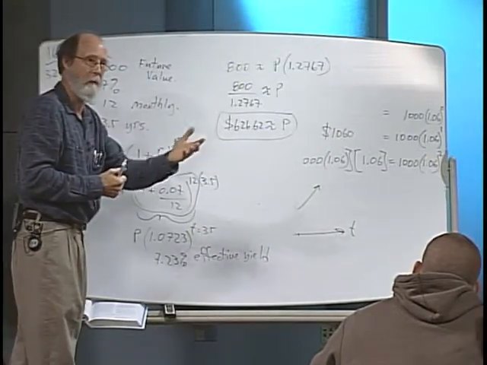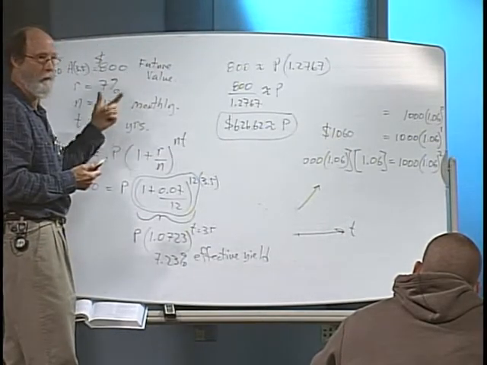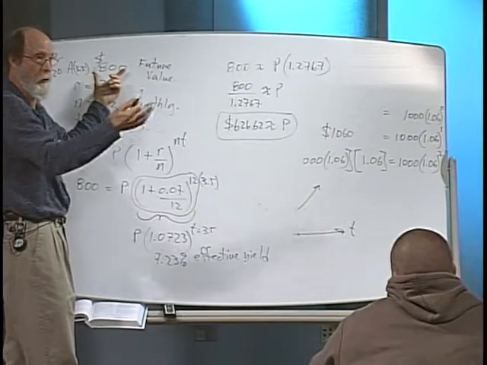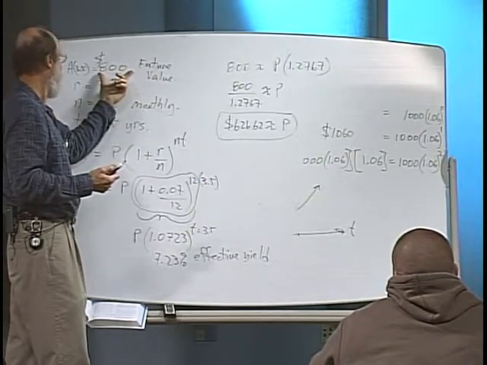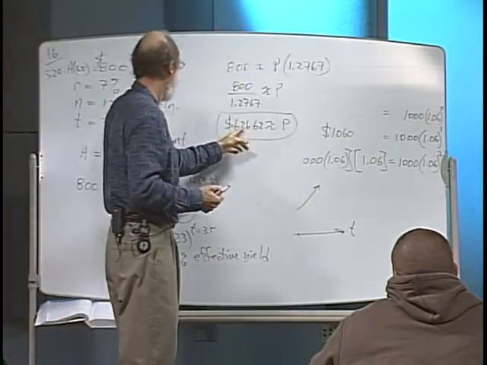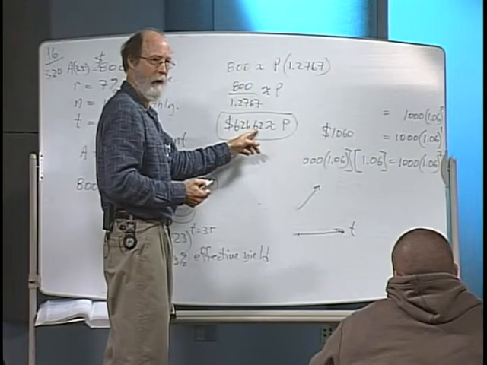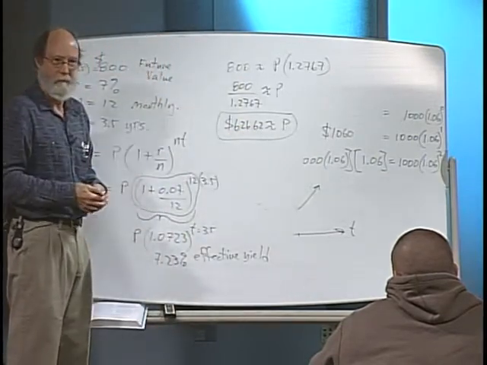But maybe you're saving for an automobile, an $8,000 automobile that you want to buy in 3.5 years, and you want to make sure you have that much money so you don't have to take out a loan for it. Then what you'd do is start with $6,266 now at 7% monthly, and you'd end up with your $8,000. Okay?